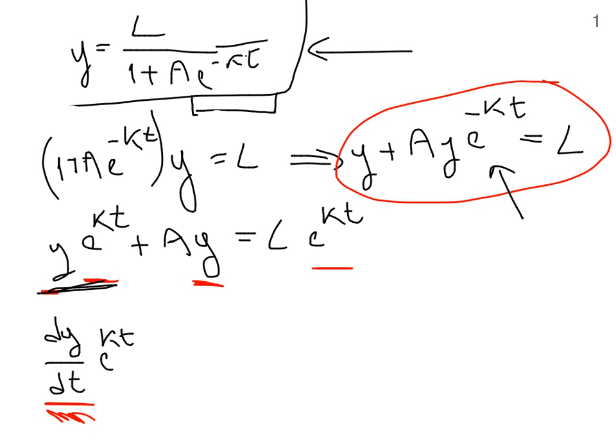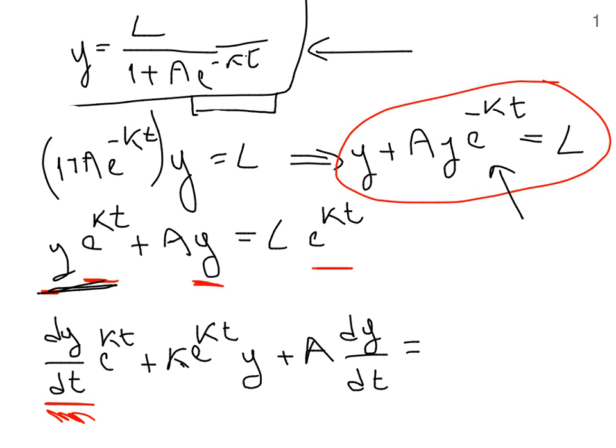e to the kt plus the derivative of the second term times the first. The derivative of the second term here is easy. It's k e to the kt. As you can see, there is some work to do, but every step is very easy. Times y plus a dy over dt.